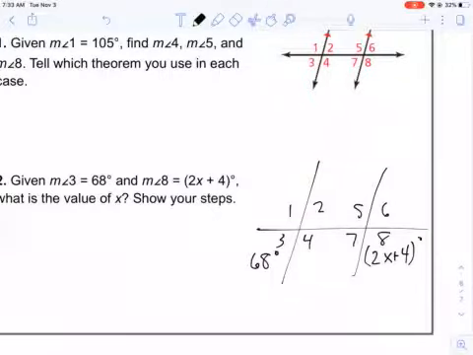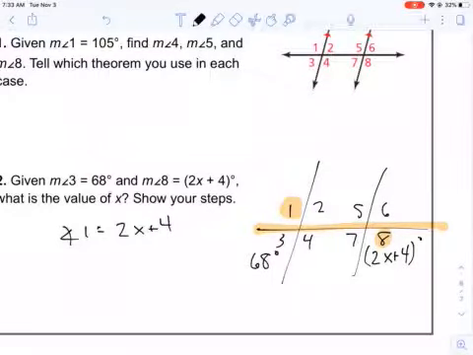Okay. Well, I've got to figure out some way to create a relationship to get over to 8. I can't do alternate exterior because these two are on the same side. But I do know 1 and 8 are alternate exterior. So that means angle 1 equals 2x plus 4.